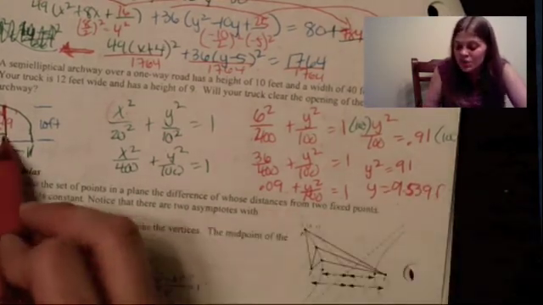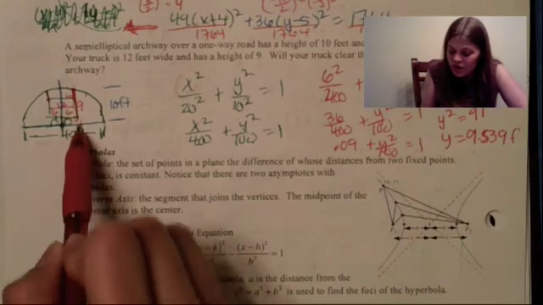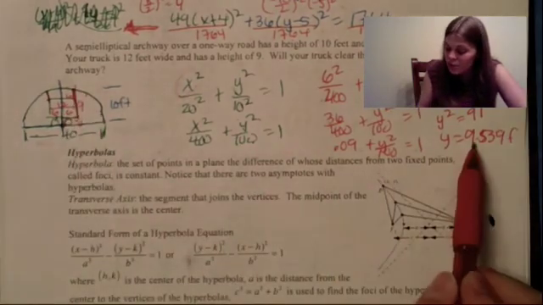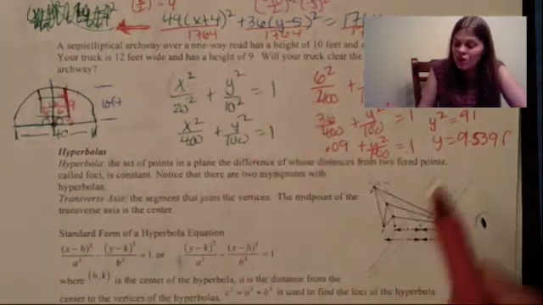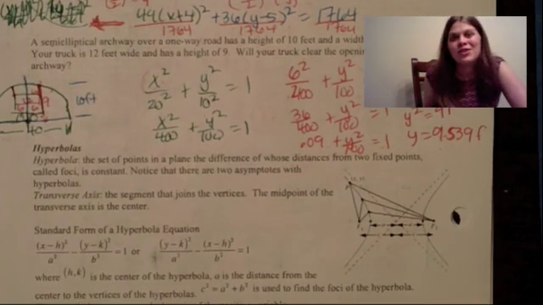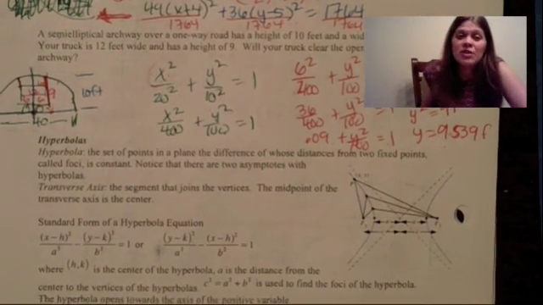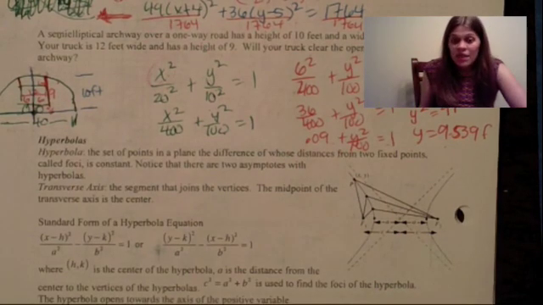So since your truck is only 9 feet, I kind of put the picture off. So you're looking at 6 feet over. You have a height of 9.539, which is what we figured out. So now since your truck is 9, you know that it's going to clear it, so you get to drive through. Not that you would really do that math before you drove through. Plus, there's already the clearance thing. But probably somebody figured that out to figure out what the clearance was. So, there's your ellipses.